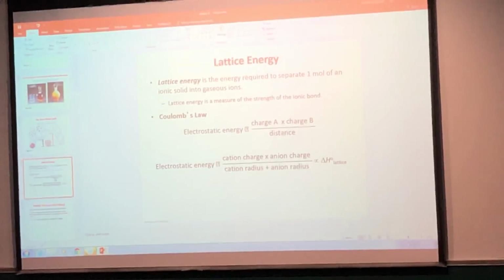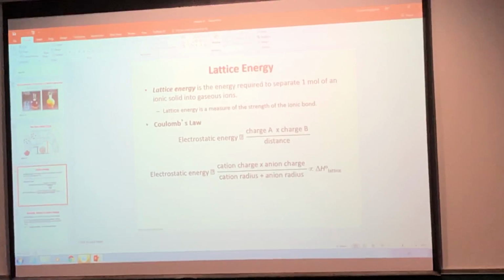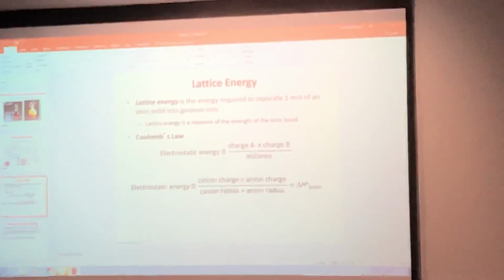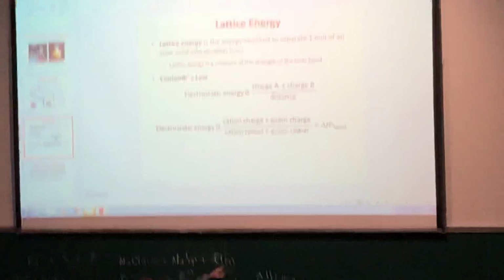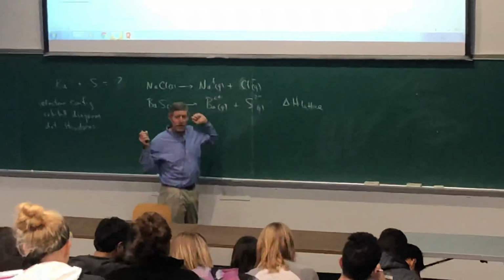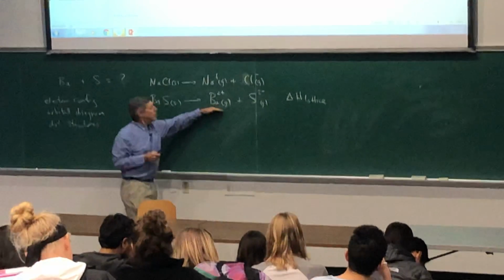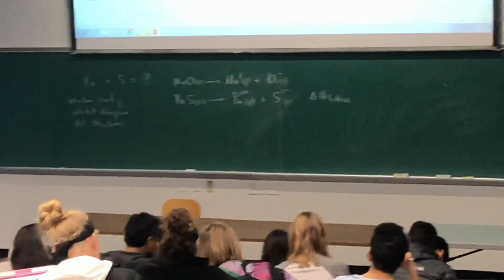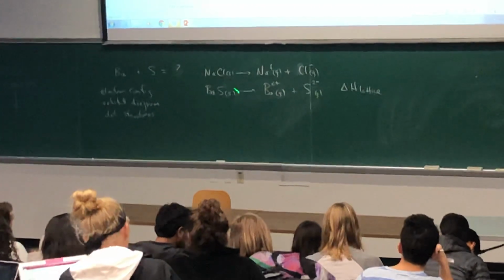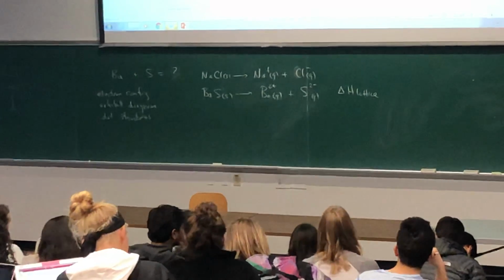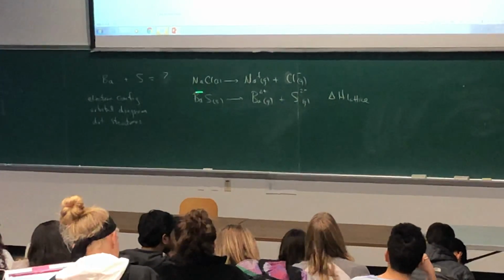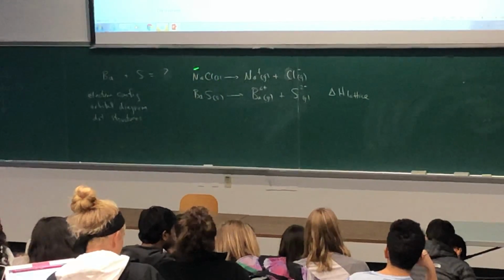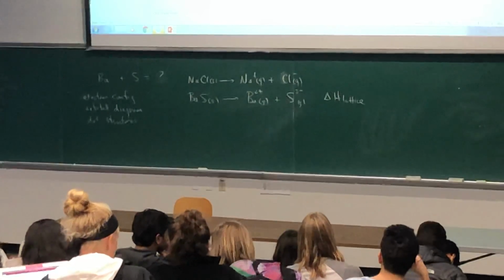If I look at the numerator for sodium chloride, it's a +1 and -1, so the product is -1. For barium sulfide, the product is -4. So Coulomb's law would predict, without any other differences, that these 2 are held together with an energy or a force that's 4 times larger than these 2 because of the charges.